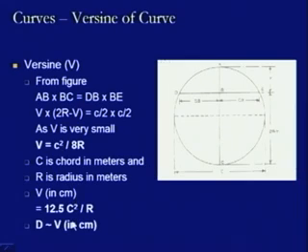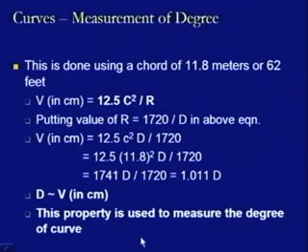Here C is the chord in meters, R is the radius in meters, and if we are computing the value of V in centimeters, then it transforms into 12.5 C square divided by R. And in this case, if we compute finally the values of D and the value of V, what we found is that the degree of curve is approximately equal to the Versine in centimeters, and this is the property which is used in the field to find out the degree of curve.